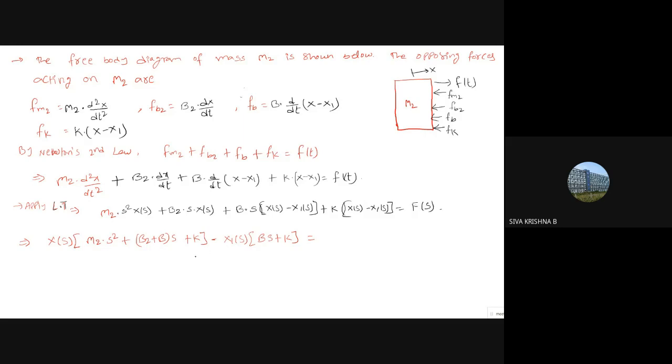So here also separate the terms of x of s and x1 of s, which equal f of s.